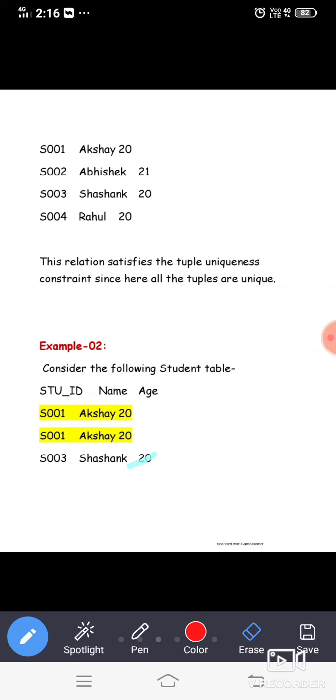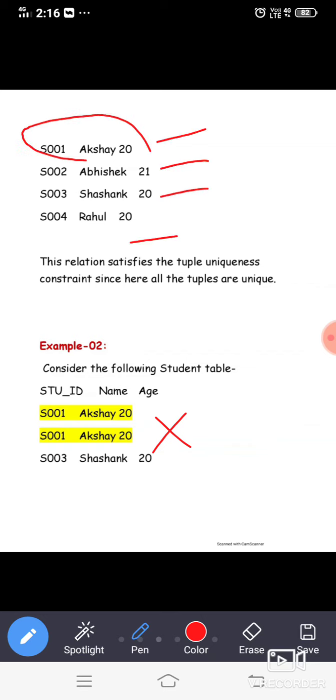See here, these two tuples are not unique, but here all the tuples are unique because they have their own set of values. The first record has S001 Akshay 20, and the second record consists of a totally different set of values like S002 Abhishek 21.